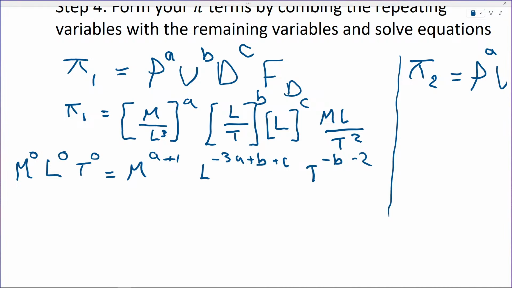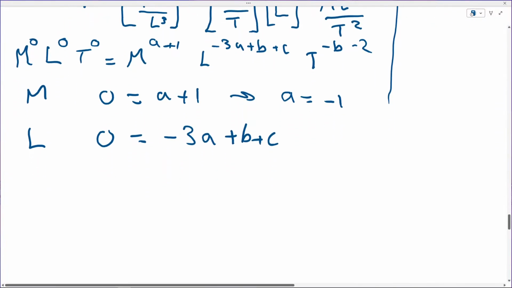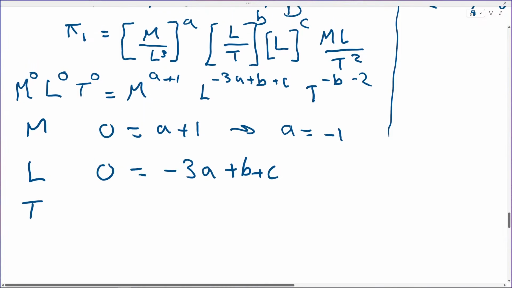So for m, I have 0 equal to a plus 1, and this gives me a is equal to minus 1, for example. For L, 0 is equal to minus 3a plus b plus c. And then t.